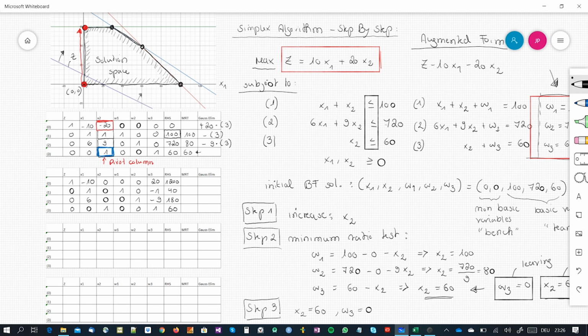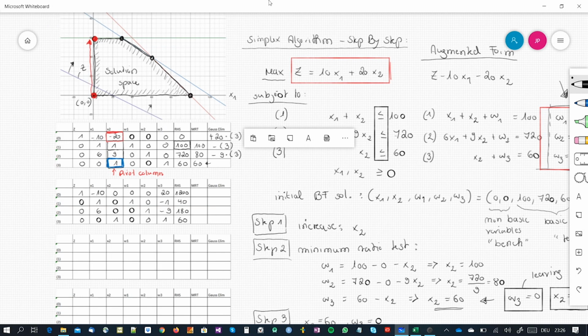And that was the first iteration that we have done. So in the second iteration, where we are now, we perform the steps that we have done in the first iteration one by one. So the first question is, if we increase for now x1, can we still improve the objective function value?